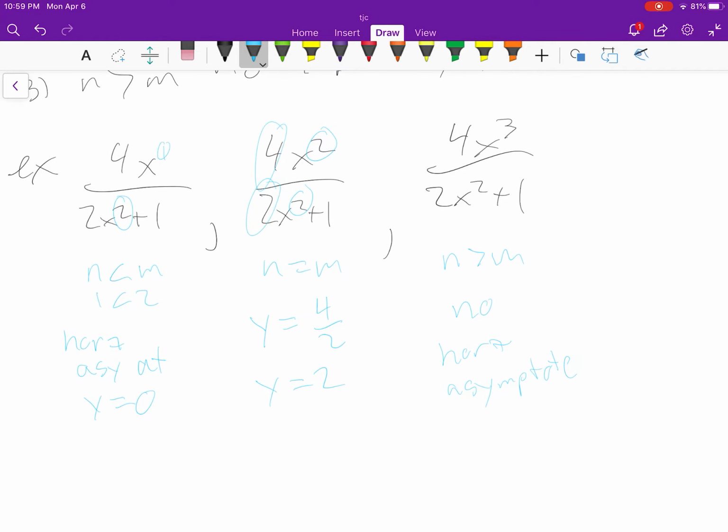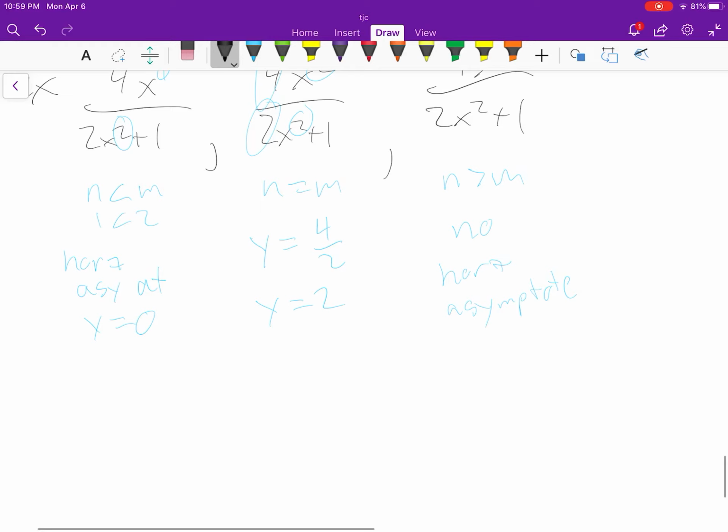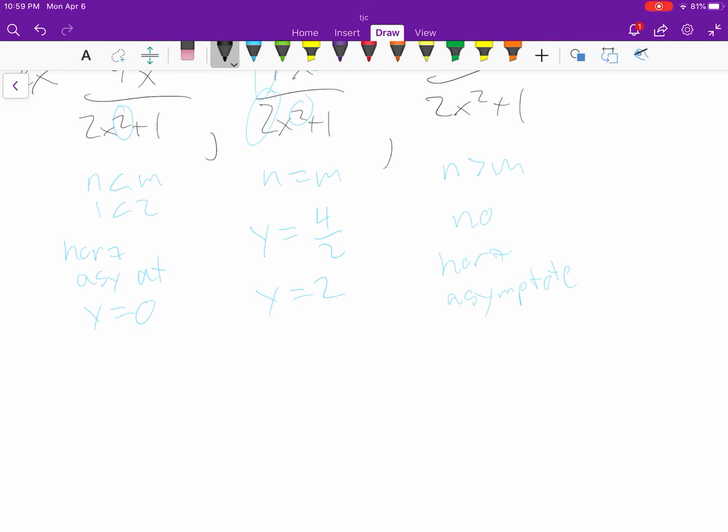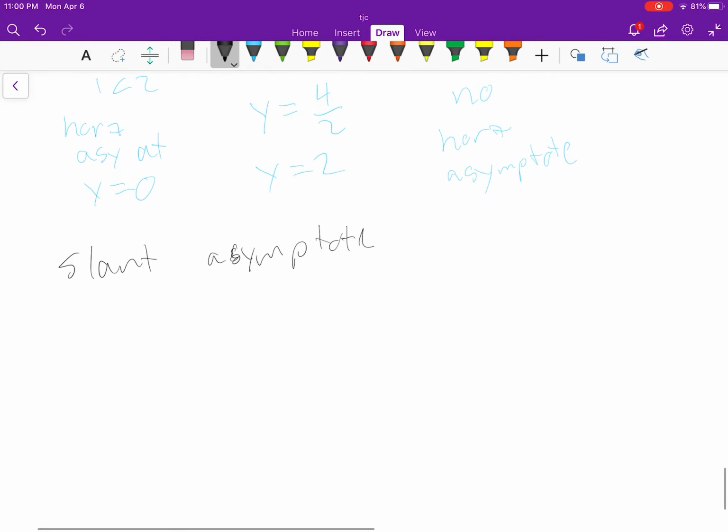Now, we're going to talk about one other type of asymptote. We talked about vertical asymptotes and horizontal asymptotes, and the last one we're going to call a slant asymptote. What is a slant asymptote? Well, it's where the asymptote is at a slant. It's like a line.